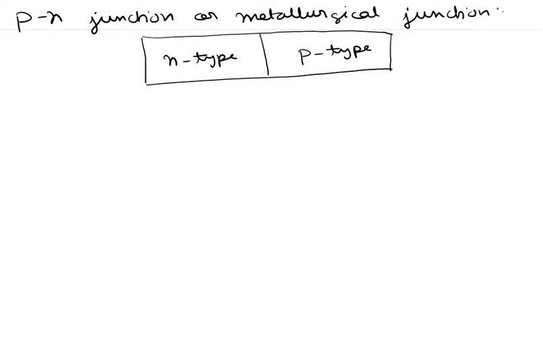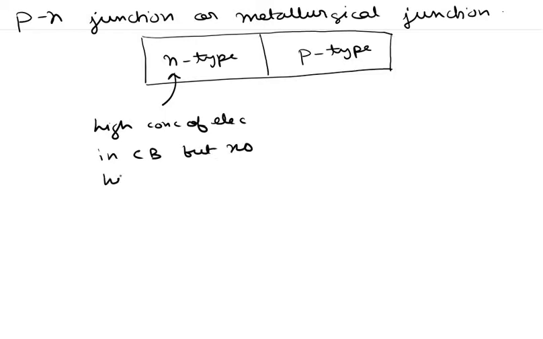Okay, now what will happen if this p and n type semiconductors are in contact with each other? So this n-type semiconductor basically has a very high concentration of electrons in the conduction band, but there are no holes in the valence band.